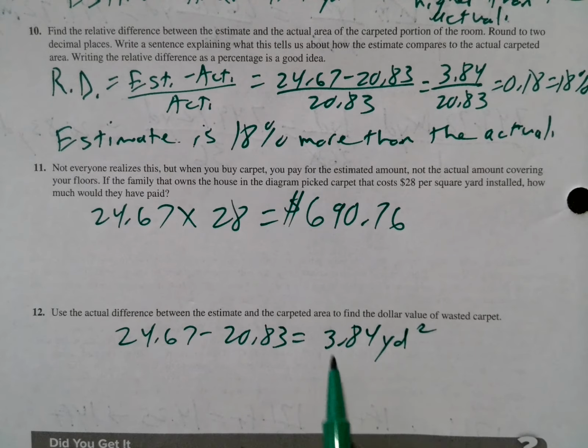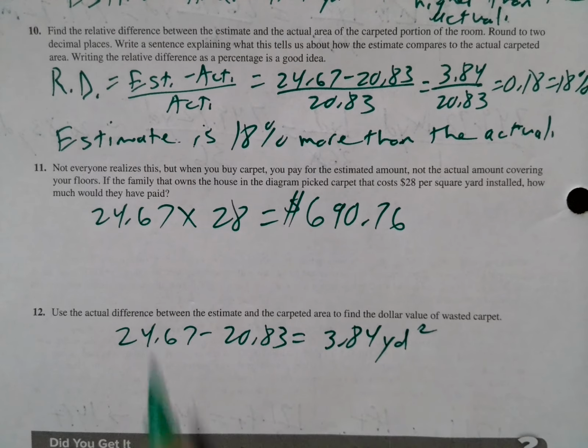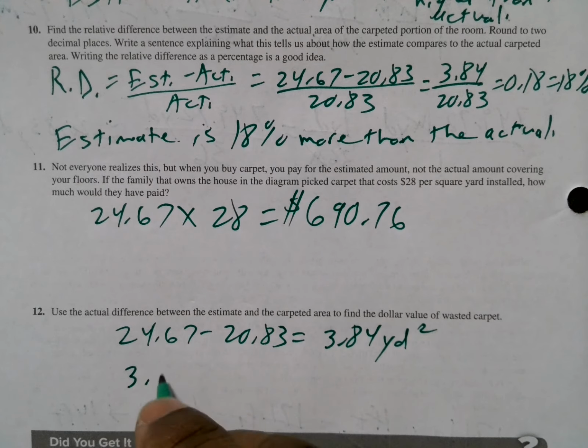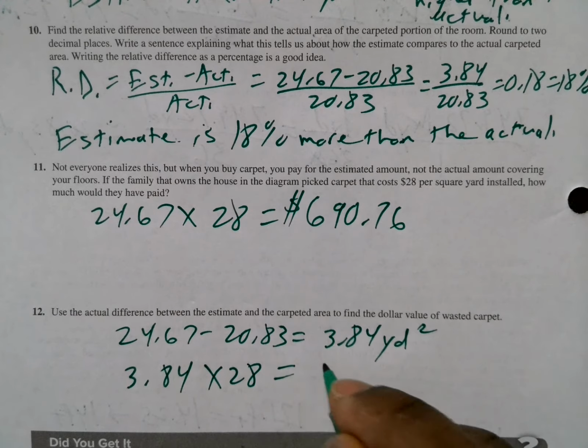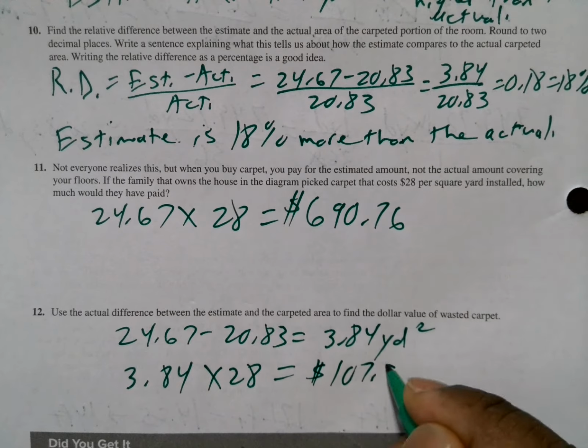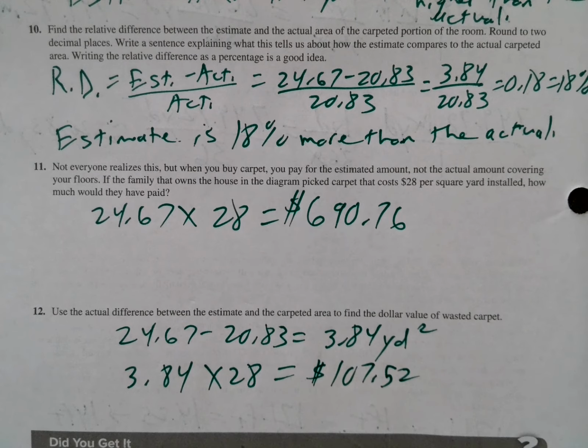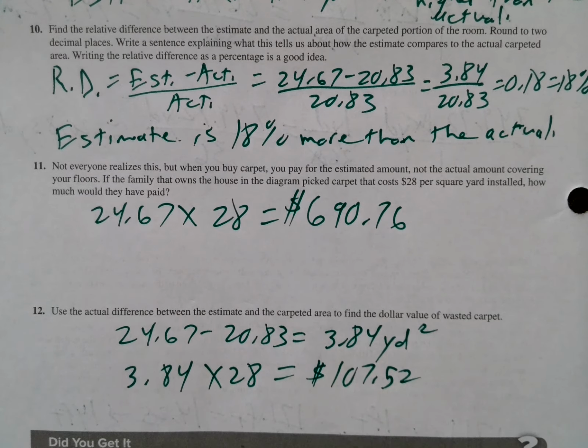Now, this is how much overage you're paying. So you would pay 3.84 times 28, which would give $107.52 extra you're paying. That's why a lot of times when you see people that carpet their homes, they always have a lot of carpet left over.